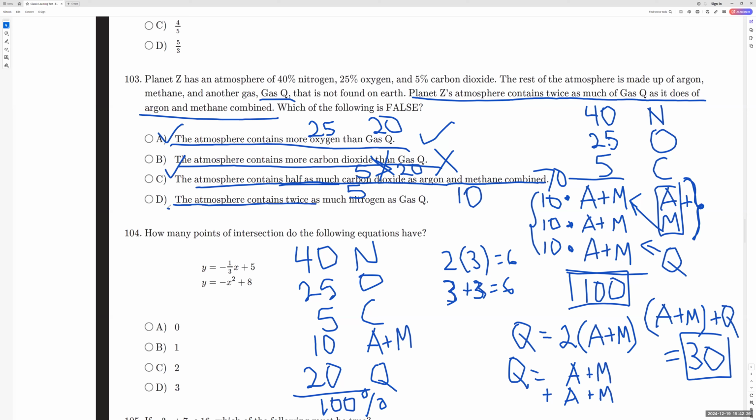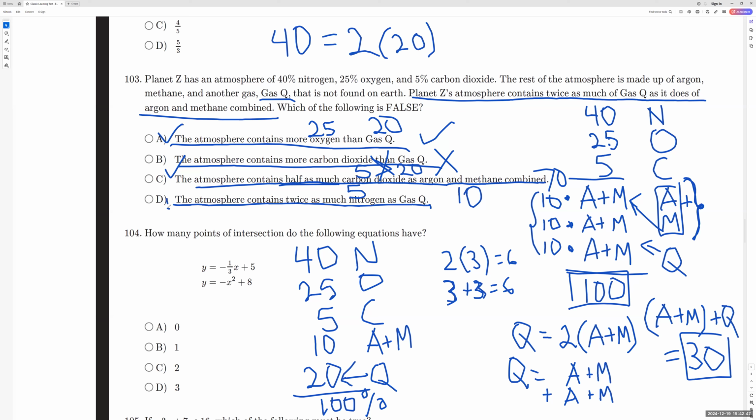The atmosphere contains twice as much nitrogen. So nitrogen is 40. Is 40 equal to twice as much the amount of gas Q, which is 20? So is it twice 20? Is 40 twice 20? 2 times 20? Yes, it is.